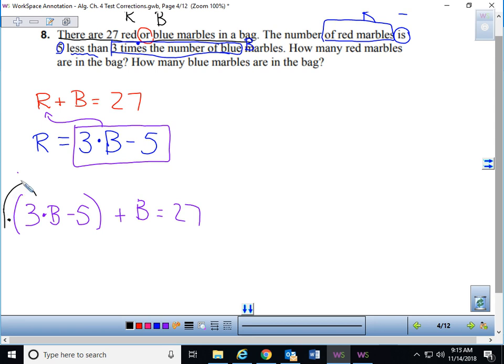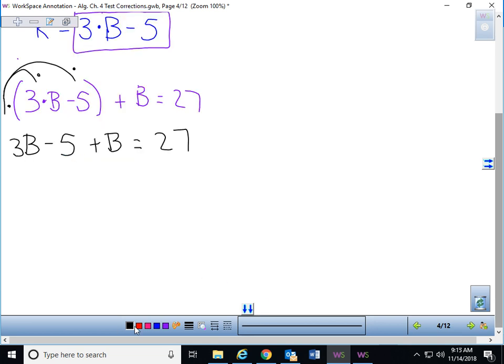And if I multiply a positive 1 into my parentheses, I just get 3b minus 5. And I can combine everything else. Plus b equals 27. Combine my like terms. Those are my variables. So I have a 3b and I have a positive 1b. That gives me a total of 4b minus 5 equals 27.